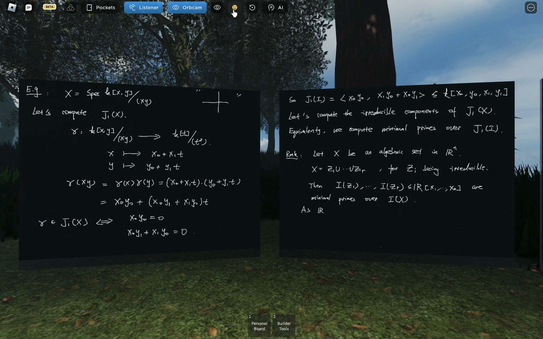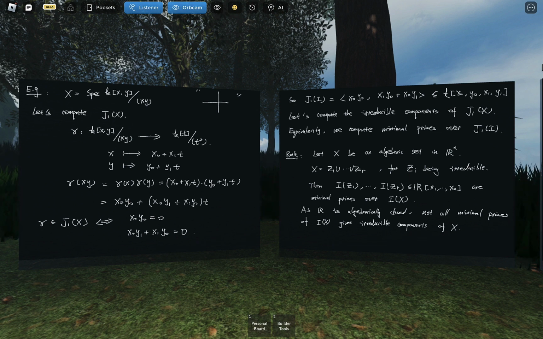So this is as R is not algebraically closed. Not all minimum primes over I_X give irreducible components of X.